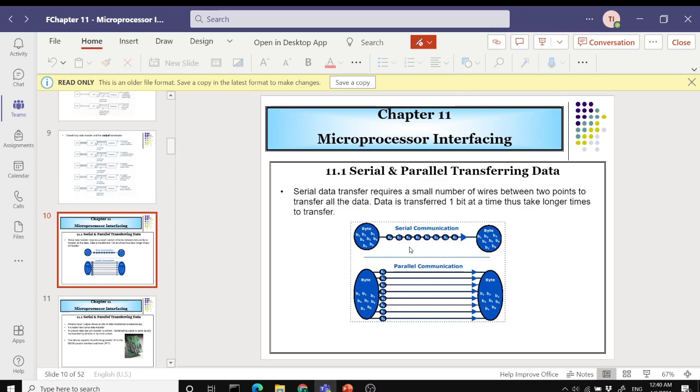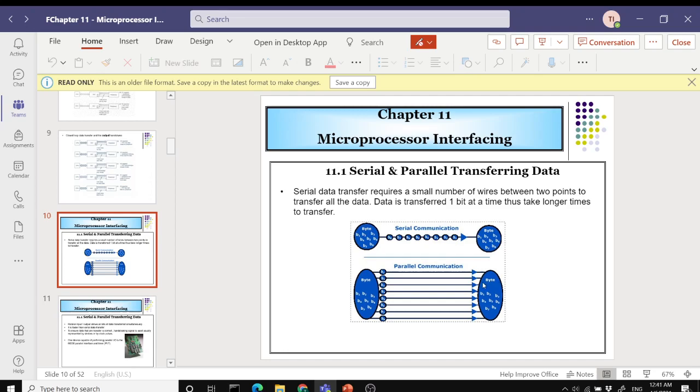So what is serial communication? As the name implies, you have a line, like in this diagram. The data is transmitted one by one on the serial line, on the serial interface. You can imagine the serial line as just one wire to transmit all of the data from one computer to another computer.